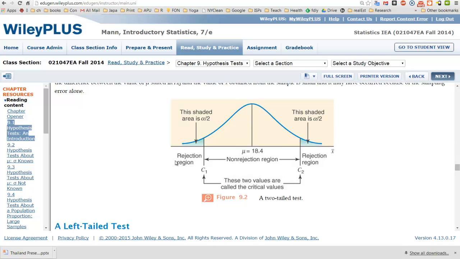But if we don't set up this rejection region beforehand, we just find out what the t-value is. It turns out to be out here. Then the p-value, which you can look up in the t-table, will be less than 5%, right?